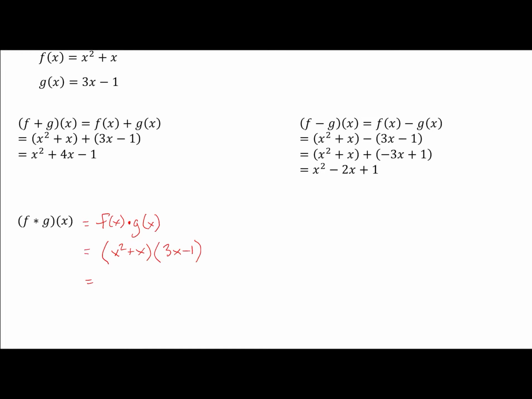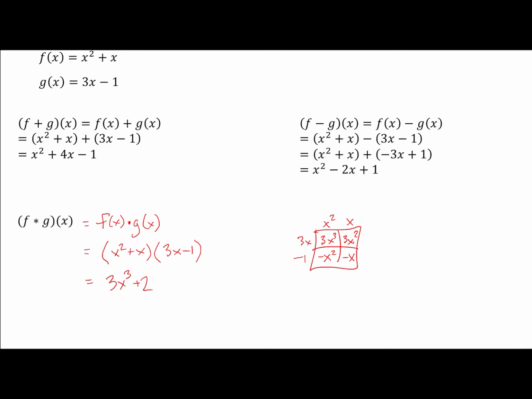So now I'm going to simplify, so you can set up your box over on the side, or you can just do your foiling, x squared plus x, 3x minus 1, multiply everything together, and pause this video anytime you need to so that you can do the work and then check your answer afterwards. It's always better to try it yourself first and then go from there.